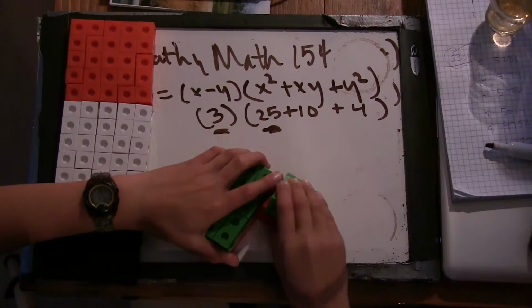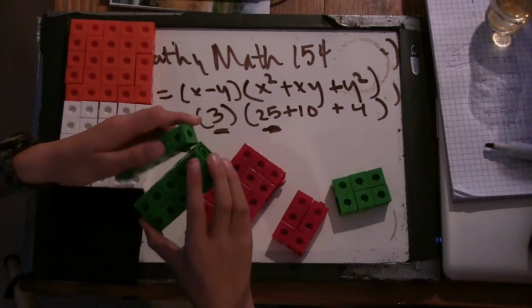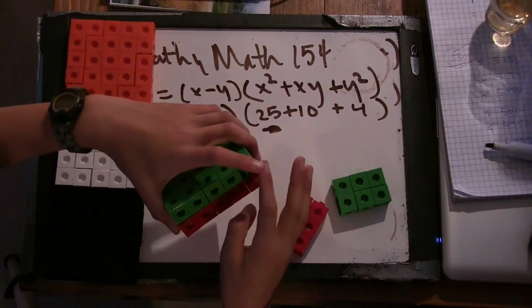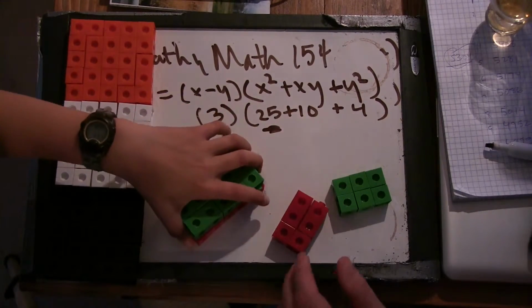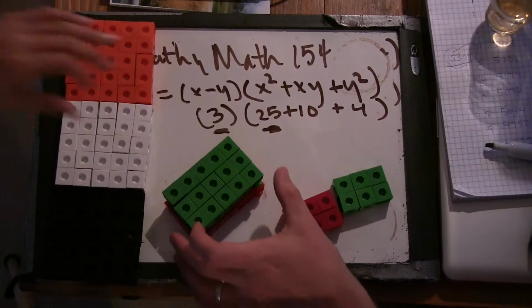If you look at this part, you have a 10 going like this. A 2 by 5, and how many of those tens do you have? You have 1 here, 1 here, and 1 here. Okay, 3 tens.